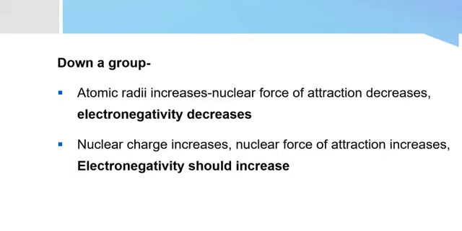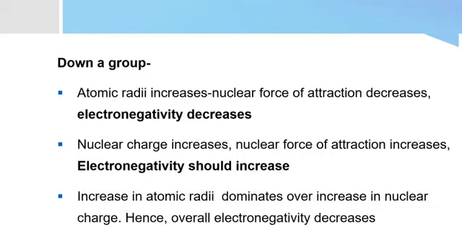So both the statements again contradict each other. According to atomic radii, electronegativity should decrease, and according to nuclear charge, electronegativity should increase. So again the atomic radii will dominate over the increase in nuclear charge, so the overall electronegativity will decrease.